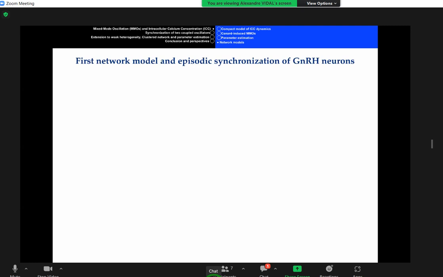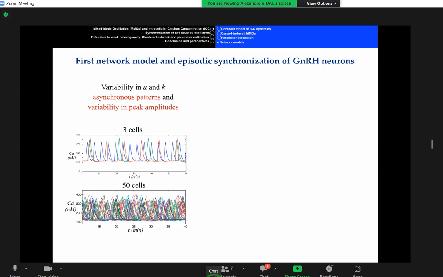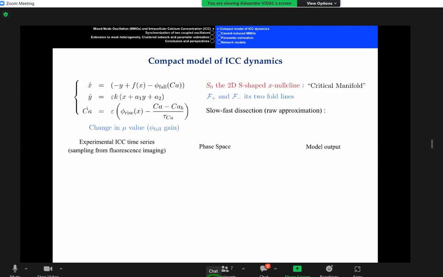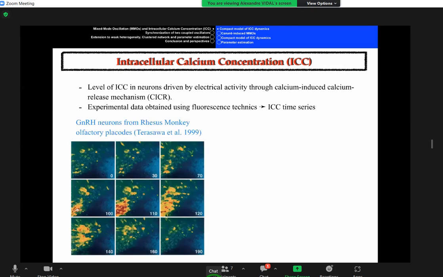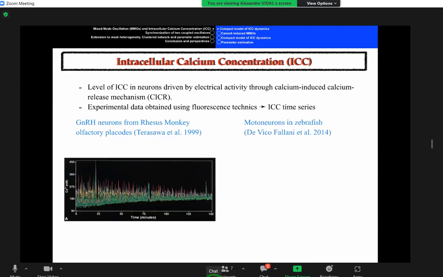So I will present the first network that we have developed. It was about the episodic synchronization of GNRH neurons. Just to recall what I call the episodic synchronization. Here is the episodic synchronization of calcium oscillation.